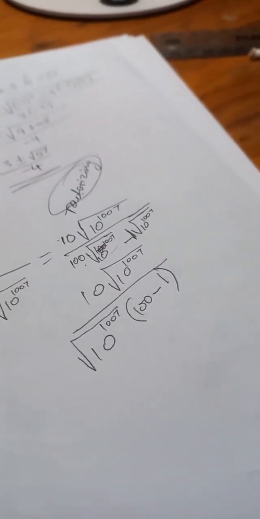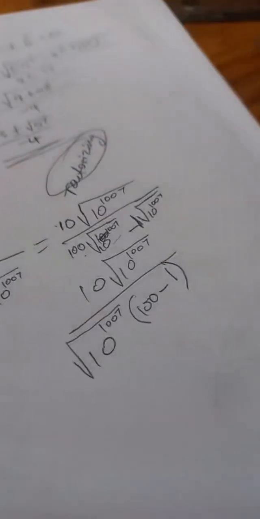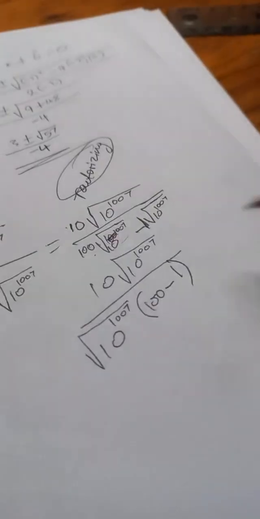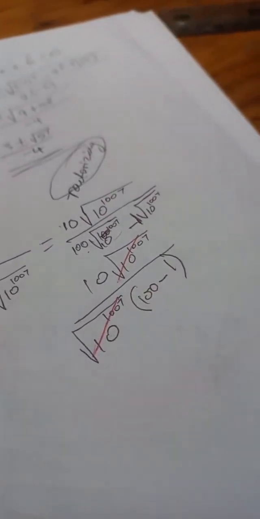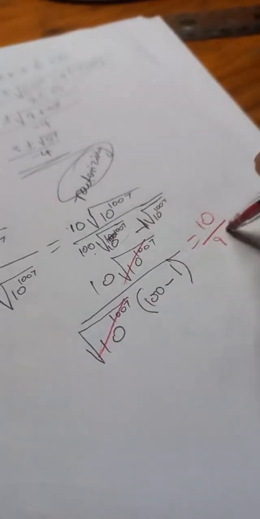You see? Now we have 1007 on top and 1007 at the bottom. So this is the same. This removes. You are left with 10 on top over 99.